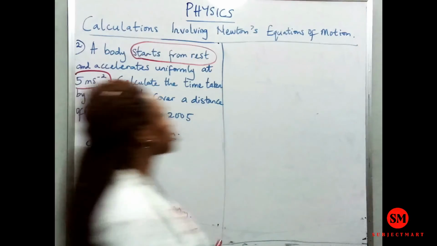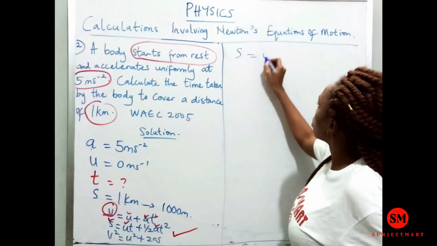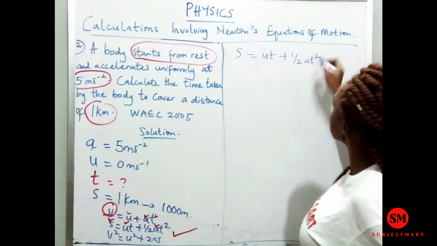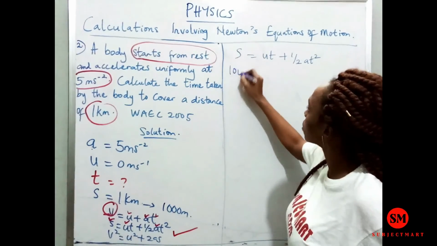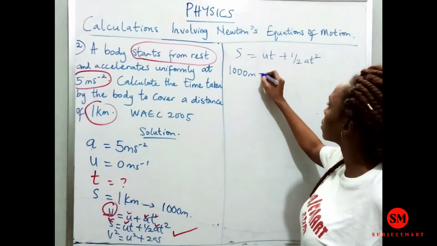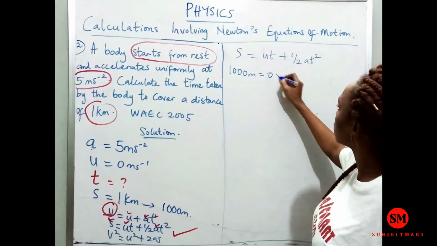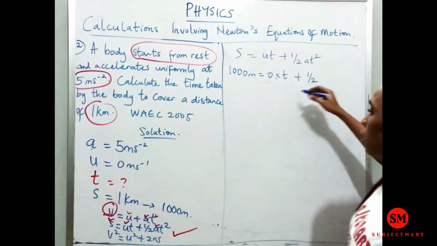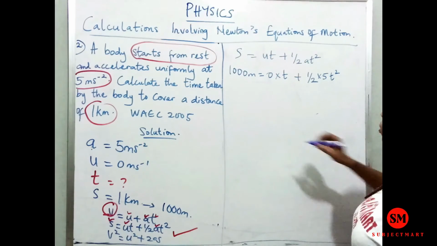So using equation 2, s equals ut plus half at squared. Our s is 1000 meters, u is 0, t we don't know, plus half, our a is 5, and then t squared.